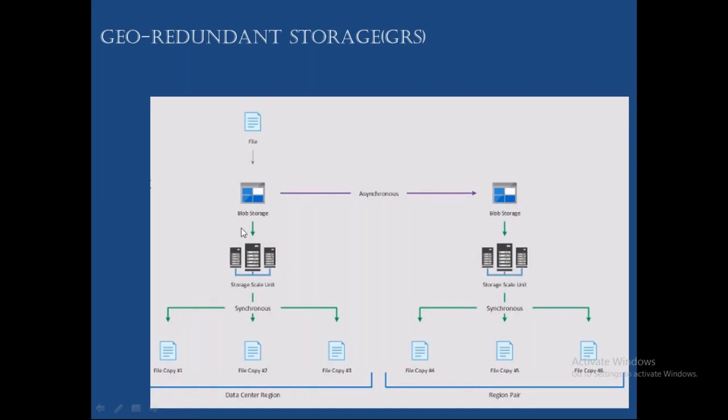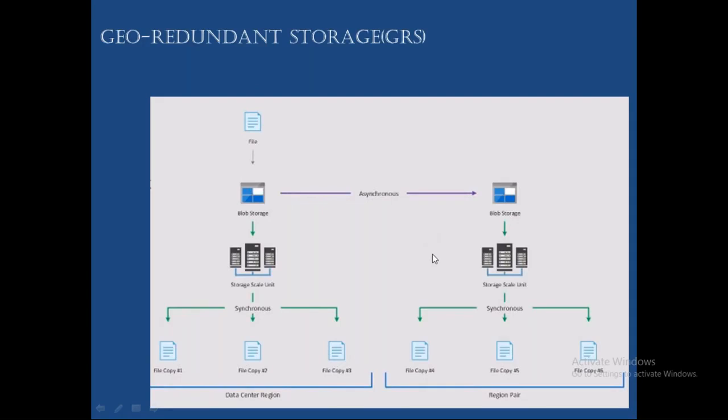Now when you upload a file into blob storage, this data will have 3 copies in this availability zone. Along with that, the same 3 copies will be in another availability zone in another data center. In total you will have 6 copies of data in geo redundant storage.